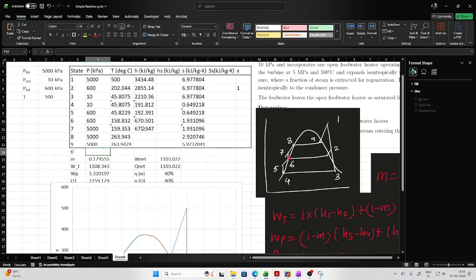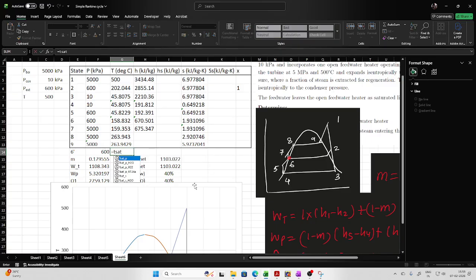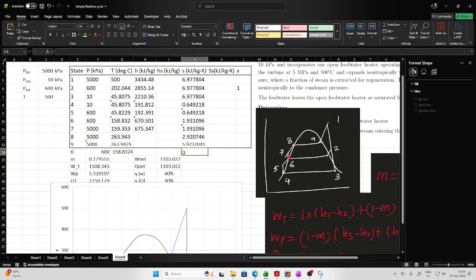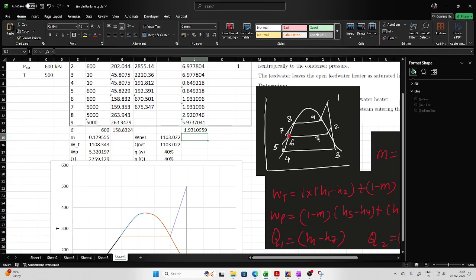It is nothing but having extraction pressure as the pressure, and based on this we have to find out the saturation temperature corresponding to the pressure, this one, and likewise the entropy of the saturated liquid corresponding to the pressure, that is this one. And once this has been done, then I can draw 6 prime first.